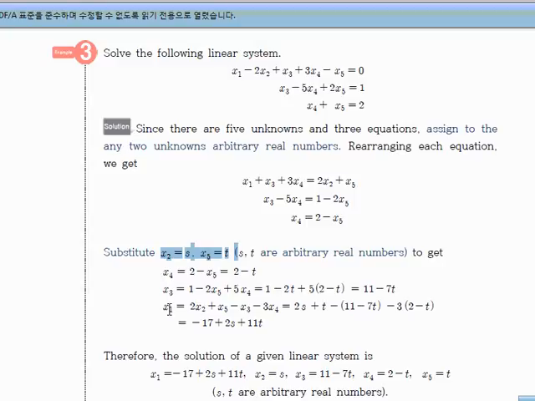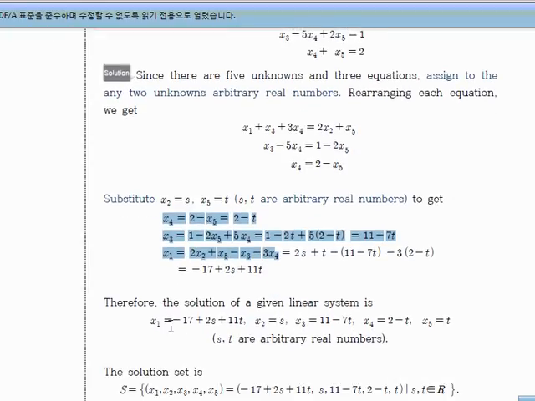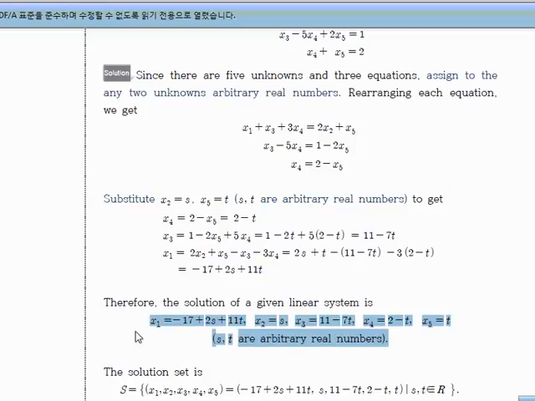Then all the others, x1, x3, x4, can be written by using these 2 real numbers. And so x1, x2, x3, x4, x5 can be written in this form with 2 scalars.